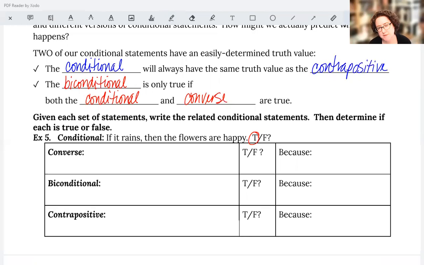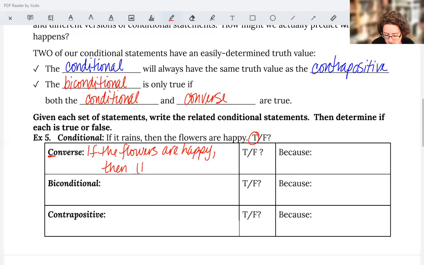So our converse statement. And how do we write our converse? Here's our reminder. If you look at the first two letters, CO for change order. So converse is flip your ideas. So if the flowers are happy, and again, I'm going to play with the grammar a little bit, then it rained.